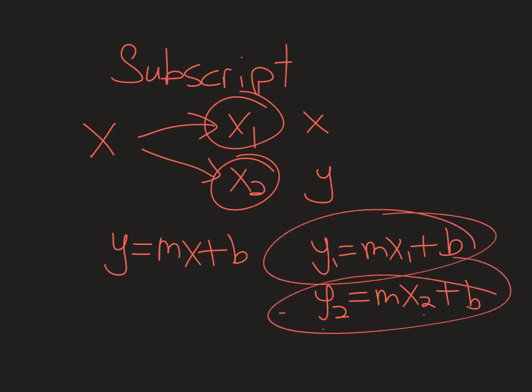The variables are not the same, but I'm using them because of that form, y equals mx plus b, that form of a linear equation. I might want to keep it with an x1 and an x2. So that's a choice that people make. It's something that you should be aware of.